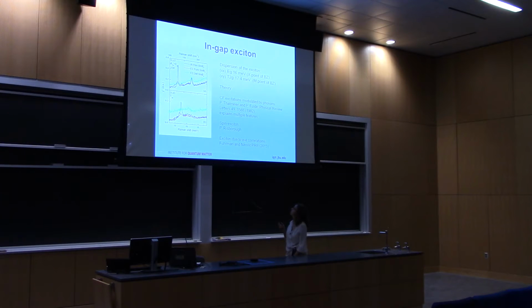There are various theories. One of the first ones, since we see multiple features, was in a paper talking about crystal field levels modulated by phonons. But the simpler way to talk about this feature is the spin exciton.